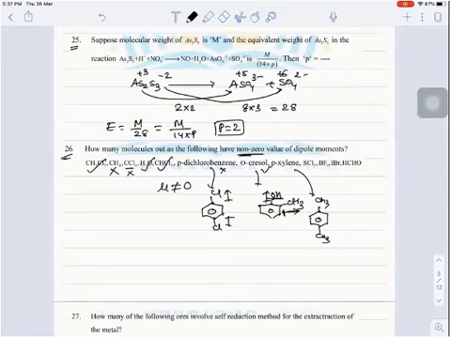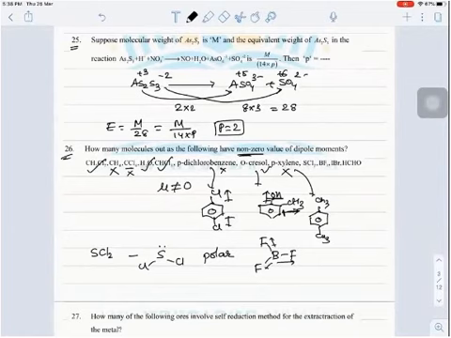SCl2 is again, due to lone pair, a bent molecule, so it is polar. Okay. So BF3, due to the cancellation of net dipole moments, the net dipole moment of these two fluorines will act in this direction.